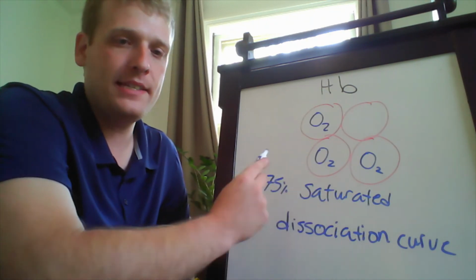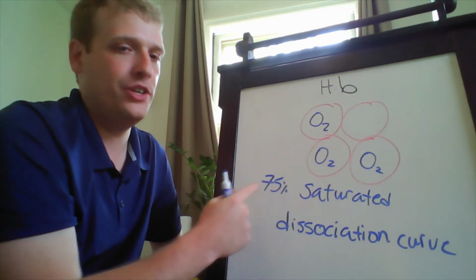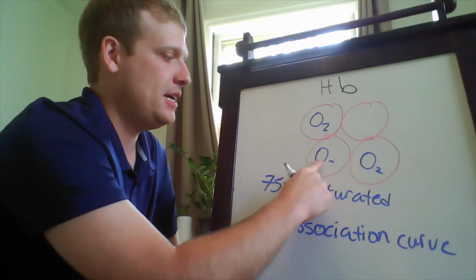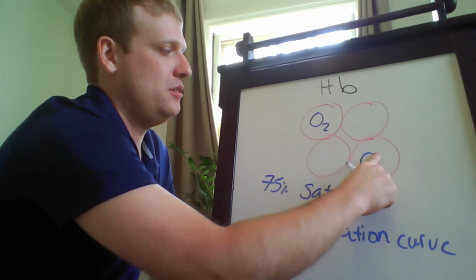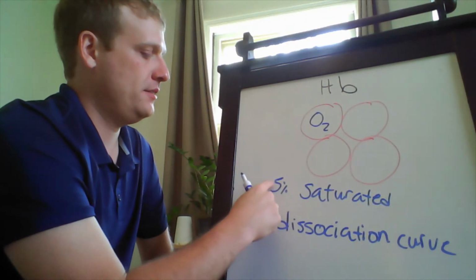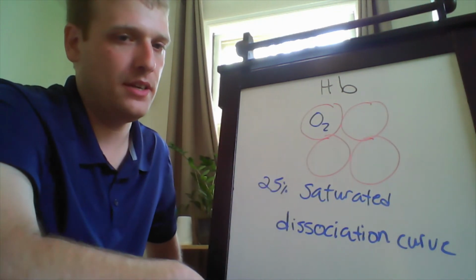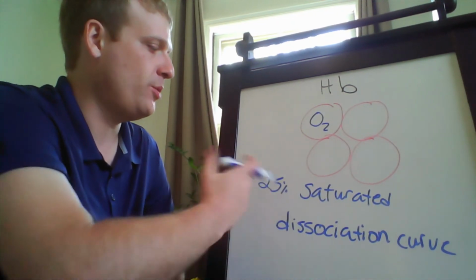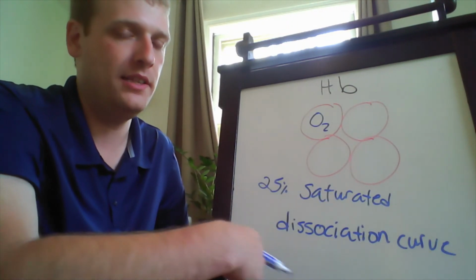Now in the venous end, on average each molecule of hemoglobin is going to drop off 2 oxygen. So when it's returning, it's lost 2/3 of its oxygen, and you have a 25% saturated hemoglobin molecule on average in the venous system.